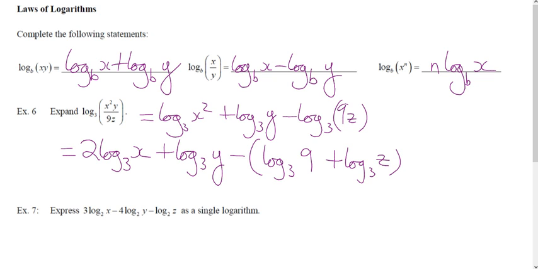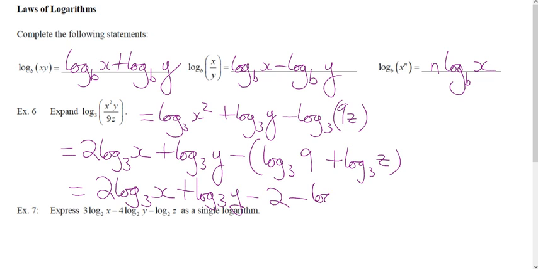And then I'm just going to work it out. What's log base 3 of 9? 2. So 2 log base 3 x plus log base 3 y minus 2 minus log base 3 z. You know, or something to that effect. Those 4 terms with the appropriate signs in any particular order.